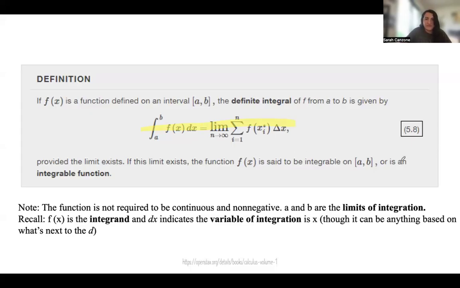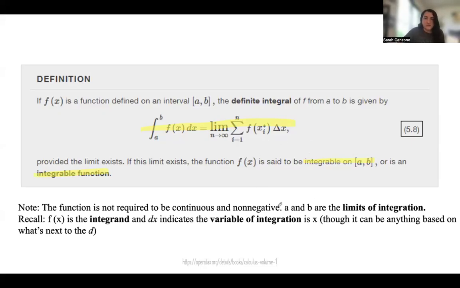Okay, if we have this function that we can in fact find the actual area of, we can say that it's integrable on a to b, or that it's an integrable function. Now, I want to note that the function is not required to be continuous and non-negative. So we did have some requirements that had a continuous and non-negative function when we were talking about some things earlier in the course, but this function can be anything at all.